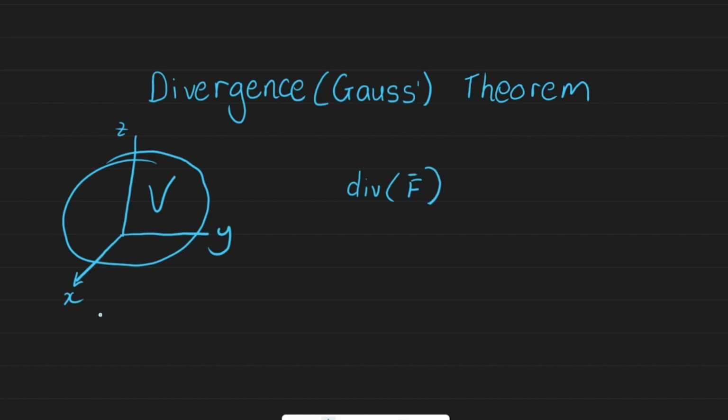So in this region, there is a vector field that's acting on it, however this vector field looks. Let's just say this vector field is F equal to xi plus 2j plus z squared k.